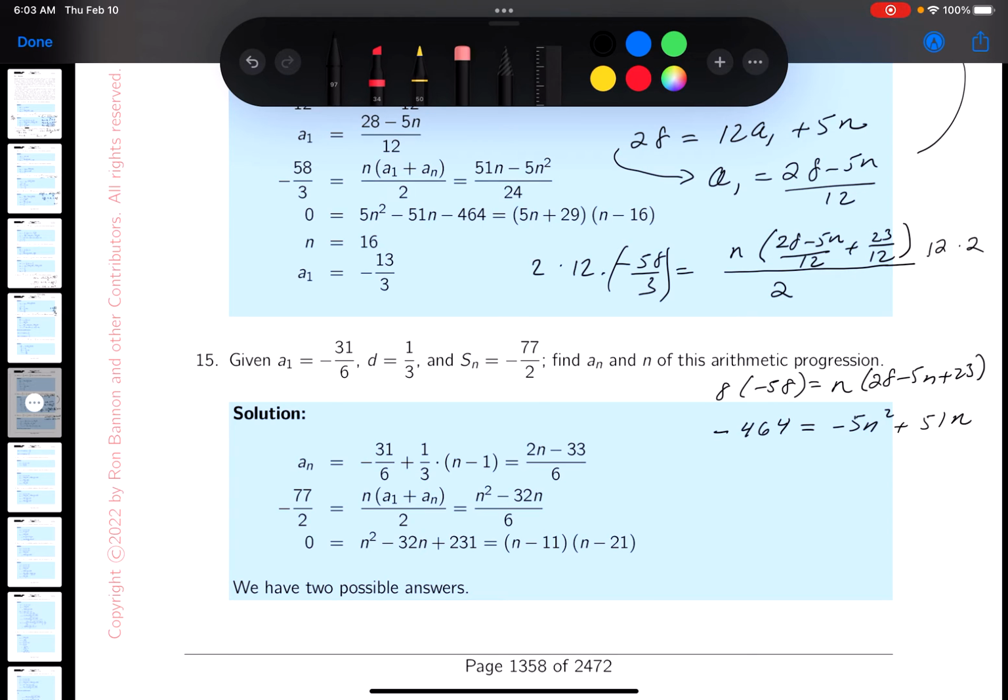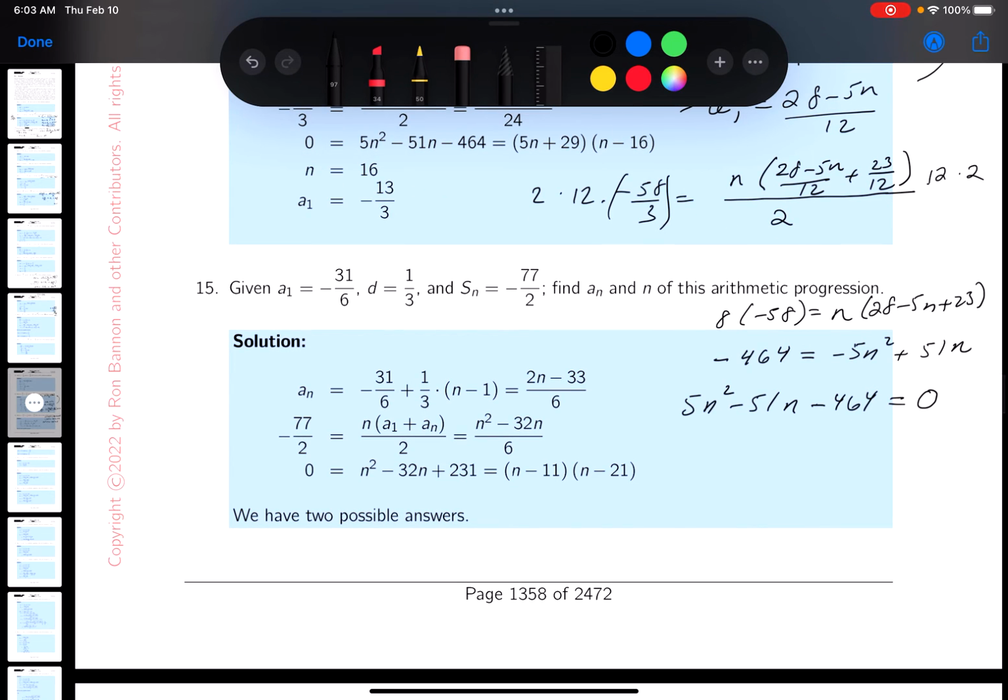And it's quadratic in form, so I'll write this down: 5N squared minus 51N plus, I'm sorry, I misspoke. I've got to erase that. Minus 464 equals 0.